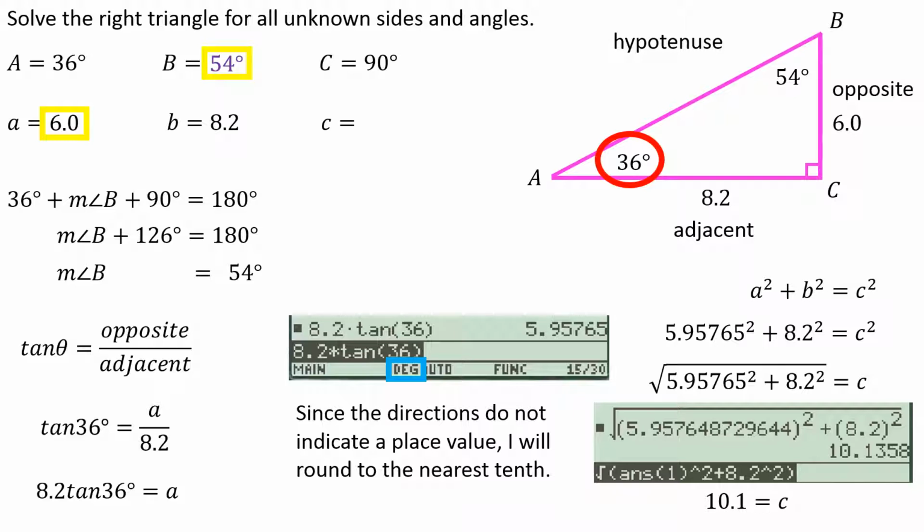Usually it doesn't make a huge difference, but you don't want to use information that's overly rounded off to then go pursue and find new information. Of course, I can add that 10.1 to my diagram, and I can add that 10.1 to my answer display. I now know all 6 pieces of that right triangle.